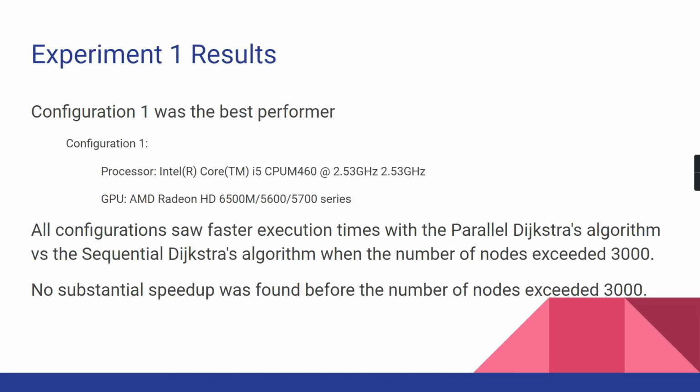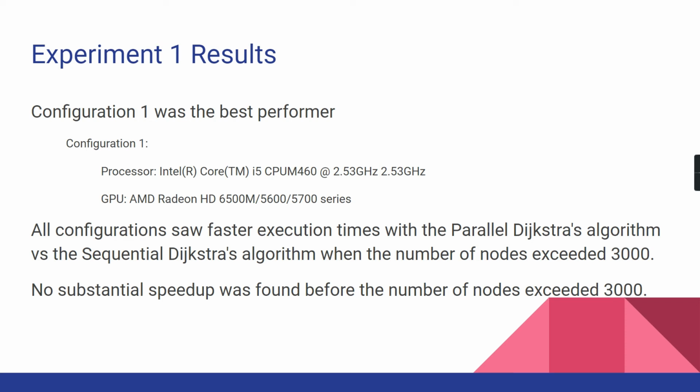So from the results of experiment 1, we can see that configuration 1 was the best performer by far, and configuration 1 was the one with the i5 clocked at 2.5 gigahertz with the AMD graphics card, the 3 different graphics card series. All configurations, however, did see improved execution times with the parallel Dijkstra algorithm versus sequential algorithms.